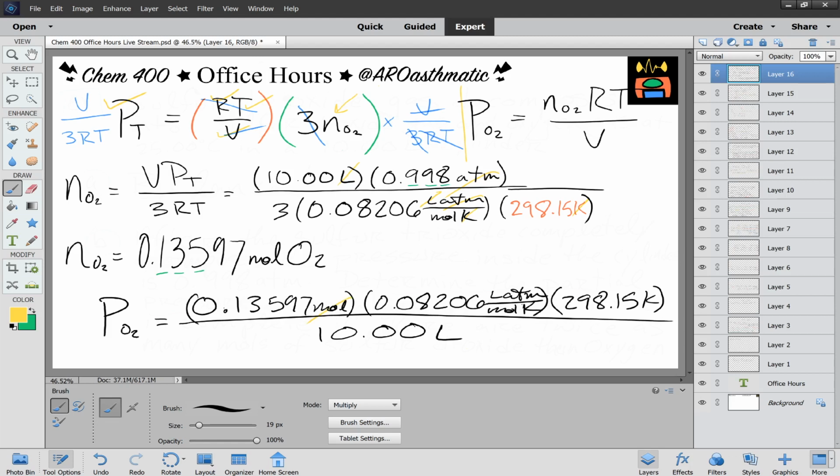Units wise, moles cancel, volume cancels, and temperature cancels, leaving us with pressure in atmospheres.